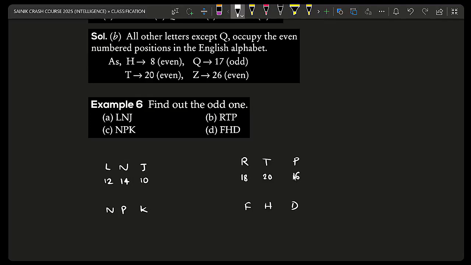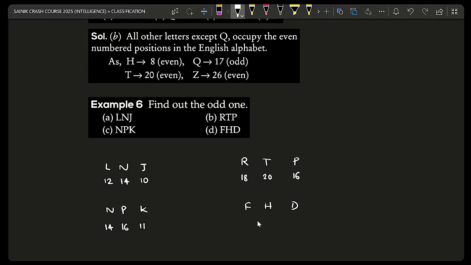These are also even numbers. And N is on 14, P is on 16, K is on 11. This is not an even number.